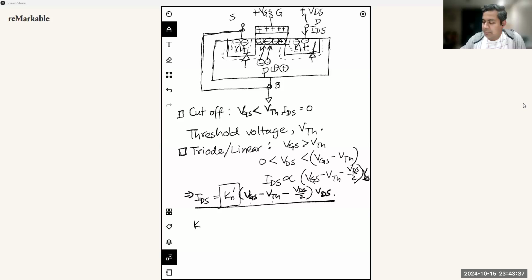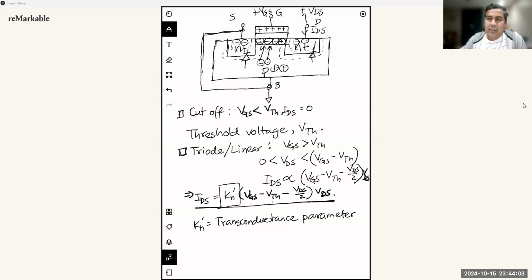which is Kn prime, which is called the transconductance parameter. So this is the first parameter that we are going to analyze in this lab. This parameter is an inherent quality or characteristic of these devices.